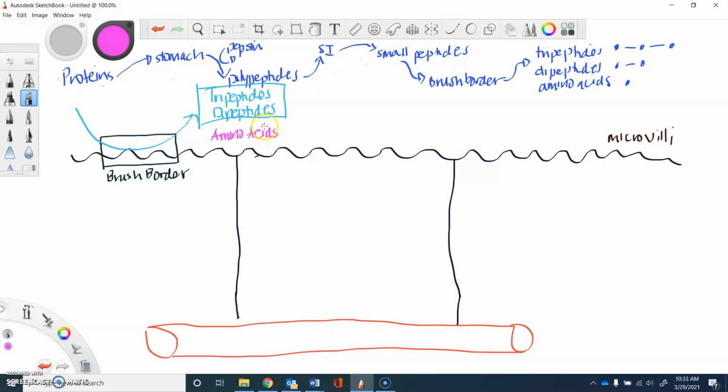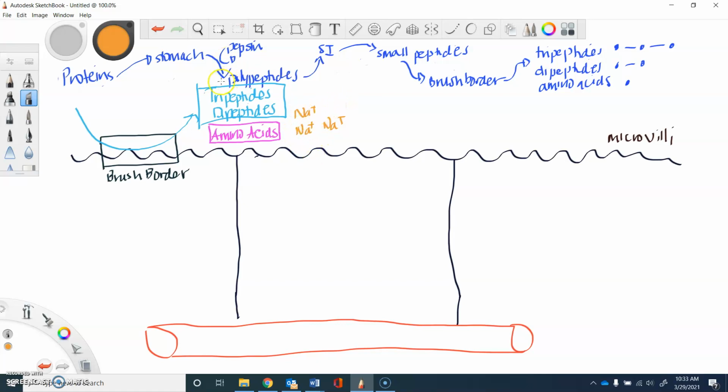Okay, so amino acids are the easiest, right? Because they're going to be the smallest anyway, so think of it that way. So amino acids enter a lot like carbohydrate in that we use sodium to bring them in. So we know there's sodium out here in the lumen.